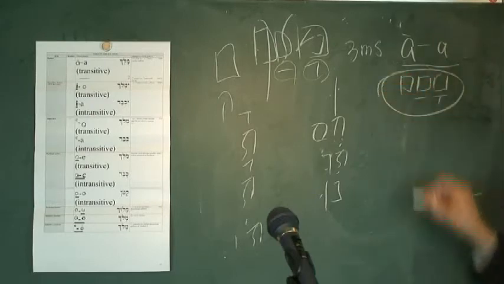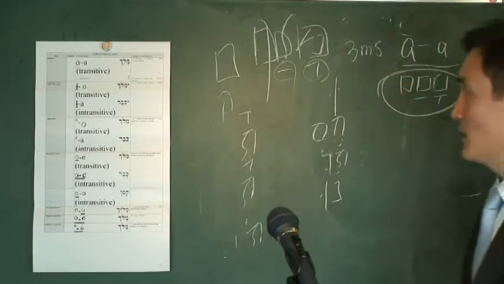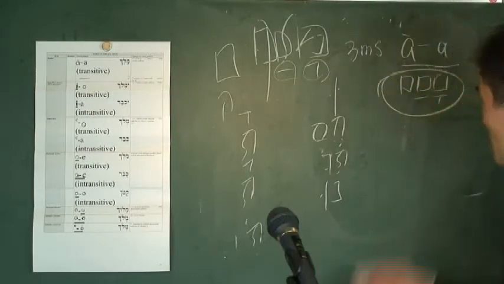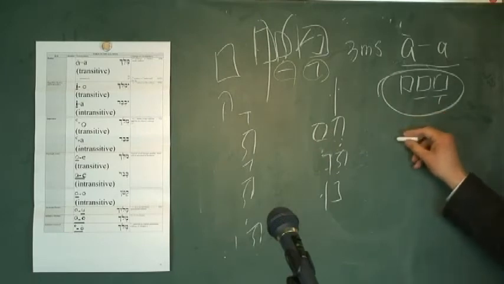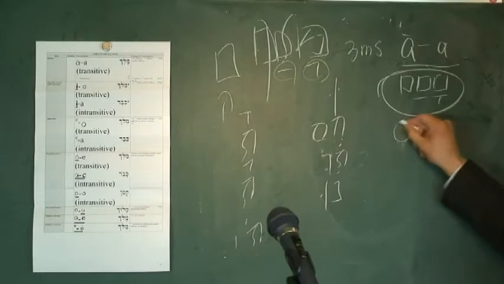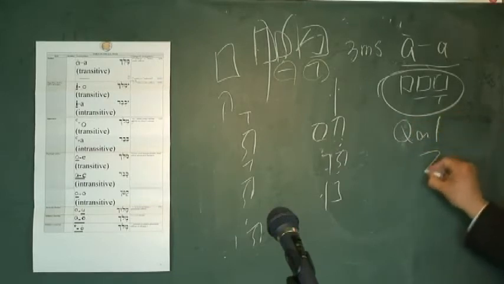Let's review this. The square marks Hebrew consonants. We must remember this in order to find the perfect form of the kal verb. This can be inferred from kal, the name of the verb.